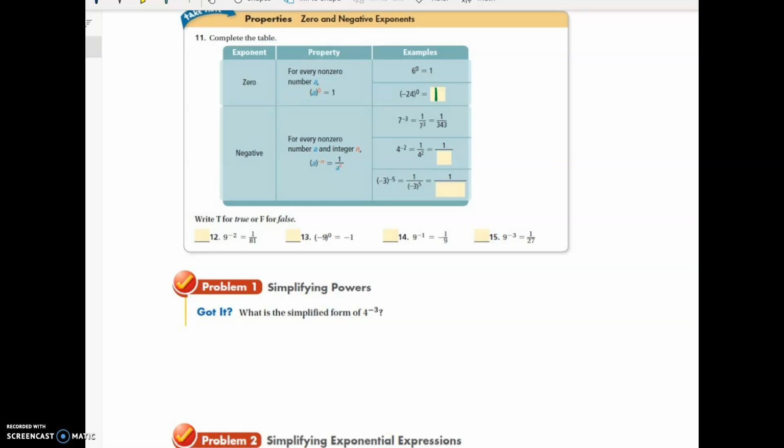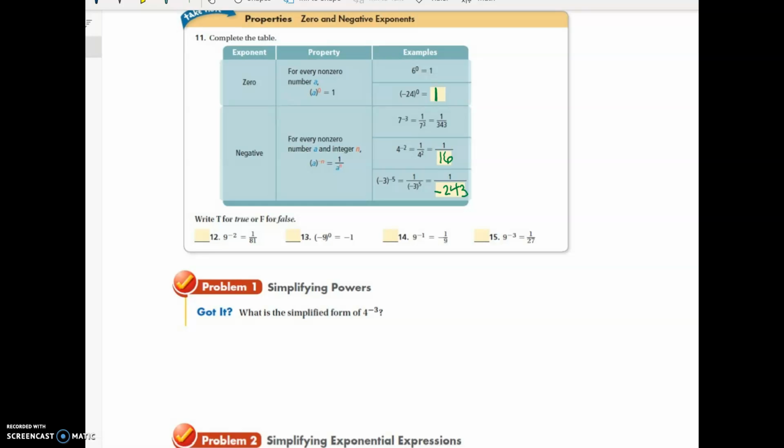So this one, we would simplify it all the way to 1/16. And on this problem, since it's 5, I would go ahead and leave it, although technically we could simplify it to -243, but I would just leave it as 1 over -3 to the 5th power.